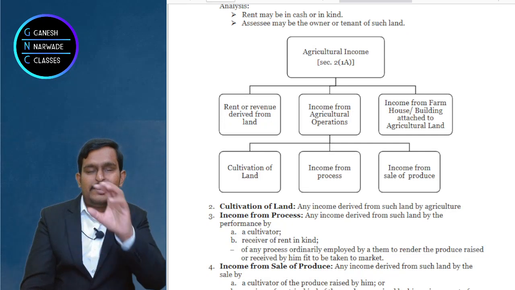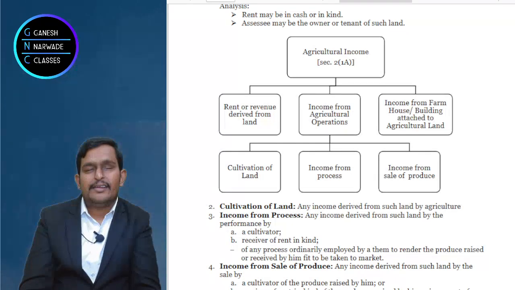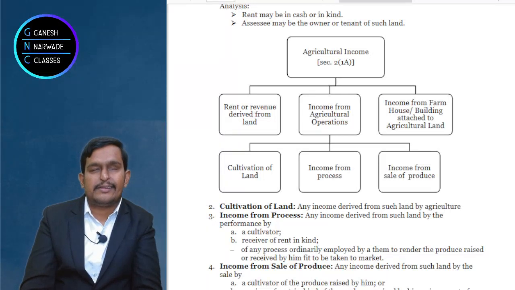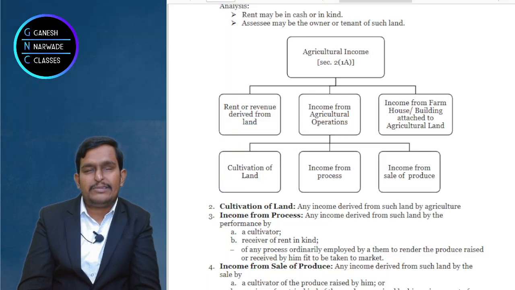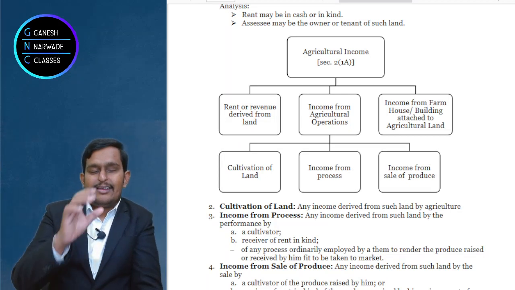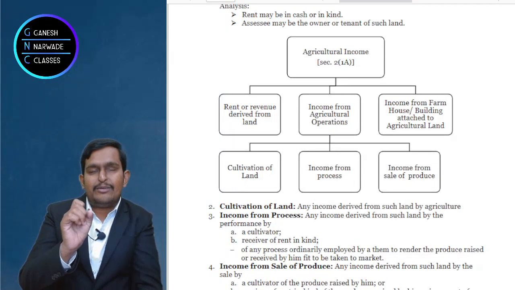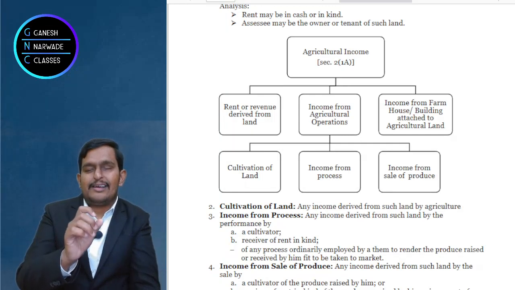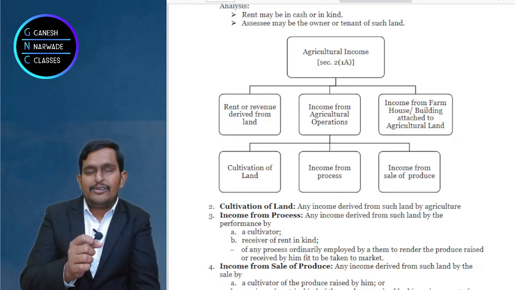Now the cultivator himself may do that. Like there are some different types of dal, tuvar ki dal, right? The farmer himself may do that, or they may give to any other person to do that. Or sometimes the receiver of rent in kind, like my father received 20 bags of jawar and bajra, he is a receiver of rent in kind.